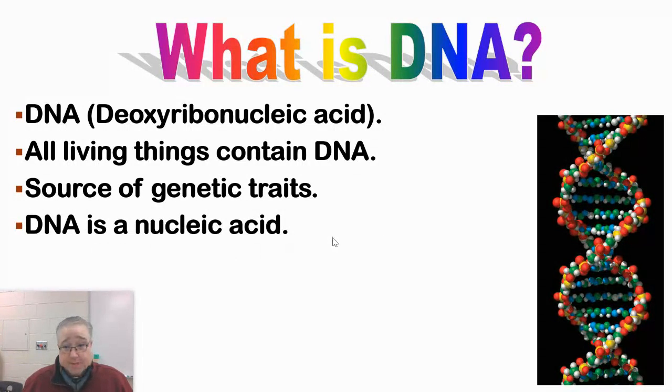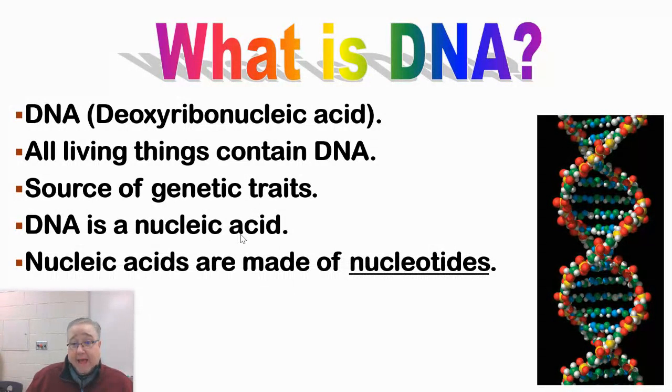You might remember we talked about this earlier in the year. DNA is what we call a nucleic acid. So it is an organic molecule. There are carbon-based compounds within it, but it is a nucleic acid, and nucleic acids are made up of building blocks called nucleotides. All right, so again, just a little bit of a review there.